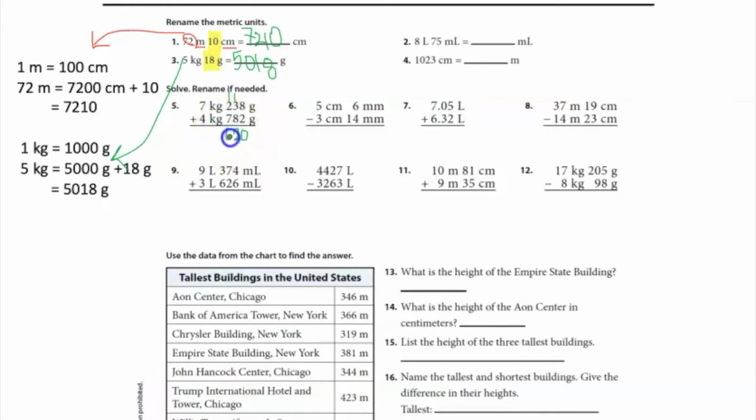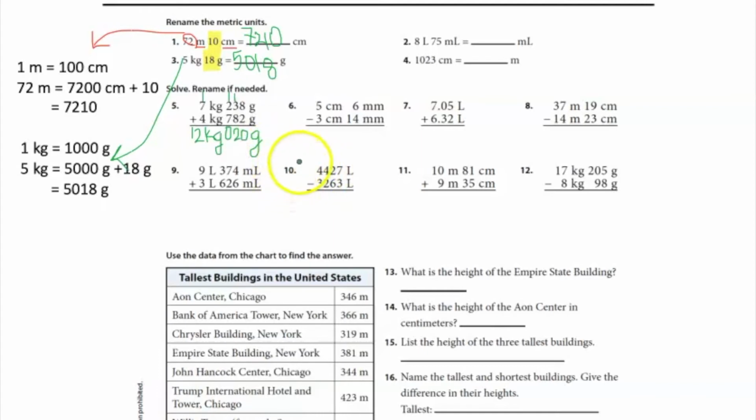That's also 10, so I'm going to write 0 here and add 1 here, because we know that 1,000 grams is equal to 1 kilogram. Now let's add these 3 numbers: 1 plus 7 plus 4, which gives us 12. Don't forget to add your unit. So my answer will be 12 kilogram and 20 gram.